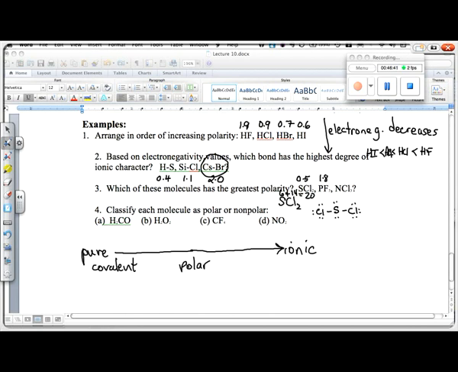All right, so PF3. So does the geometry cancel it out? 5 plus 21 is 26. Fluorine, fluorine, fluorine. Give everybody 8. So automatically I see a lone pair on the central atom. So chances are the polarity is not going to cancel out. Okay?